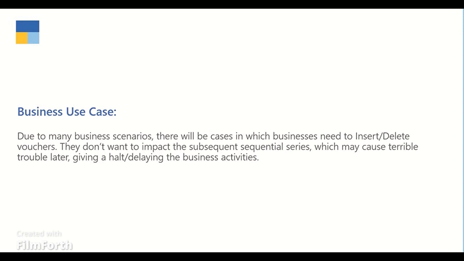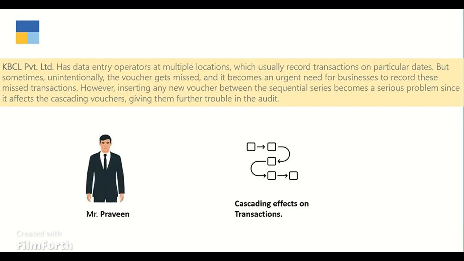This deletion and insertion happens regularly in a business, but while doing this kind of operation, it should not impact their book of accounts. I think most of you know the behavior that happens in Tally, and this is one of the requirements which many customers were asking. So we'll see now how it is addressed.